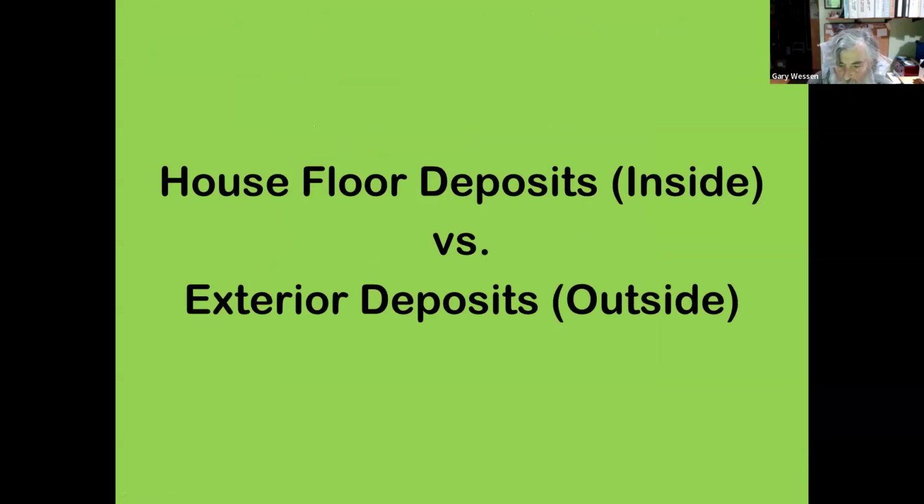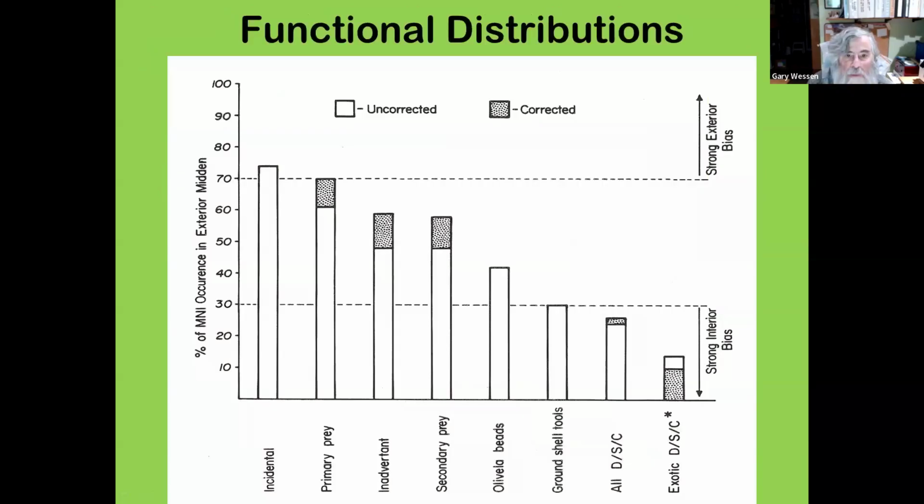Okay, a few other things here. I just want to go through here a little bit about looking at social space. Okay, in this graphic here, I have my functional categories that I told you about, and the vertical axis is the percentage of M&I occurrence in exterior midden deposits outside of houses.